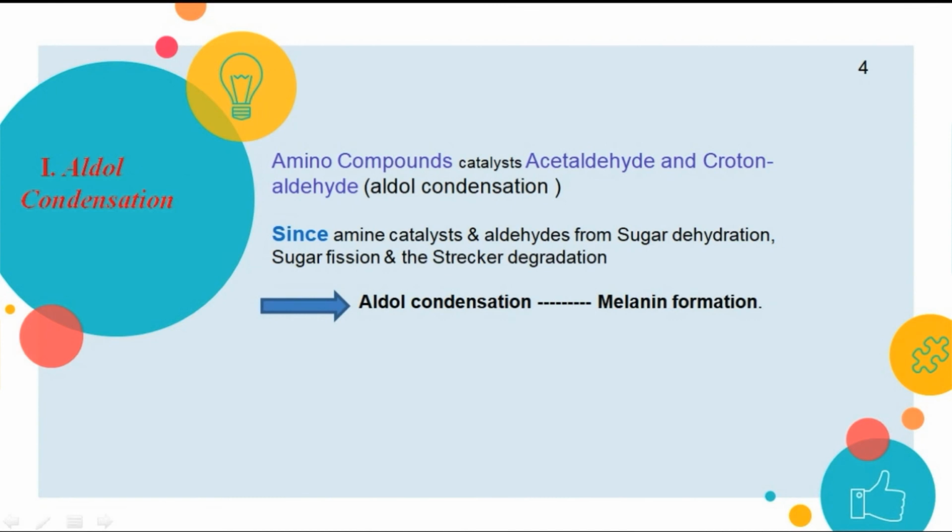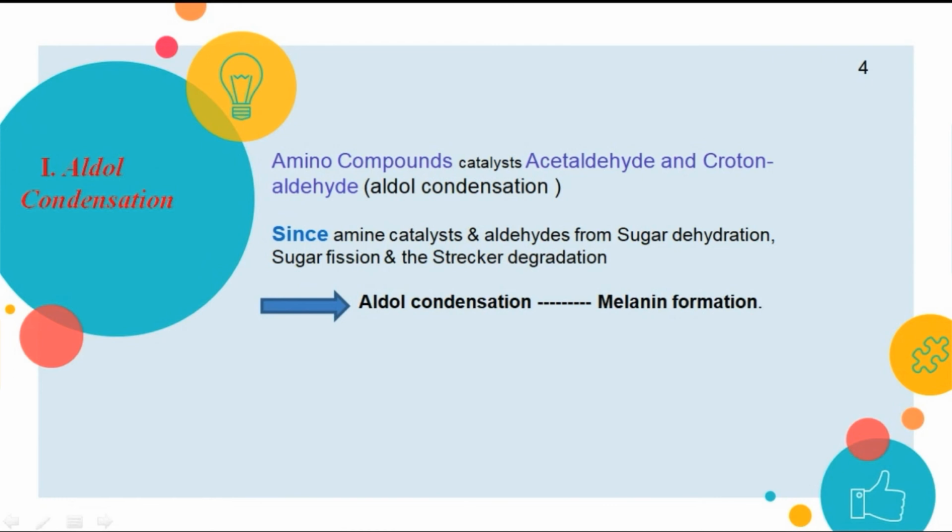Firstly, amino compounds can effectively catalyze the aldol condensation of acetaldehyde and other aldehydes, due to the amino catalyst and the generation of aldehydes by sugar dehydration, by sugar fission, and by the Strecker degradation.